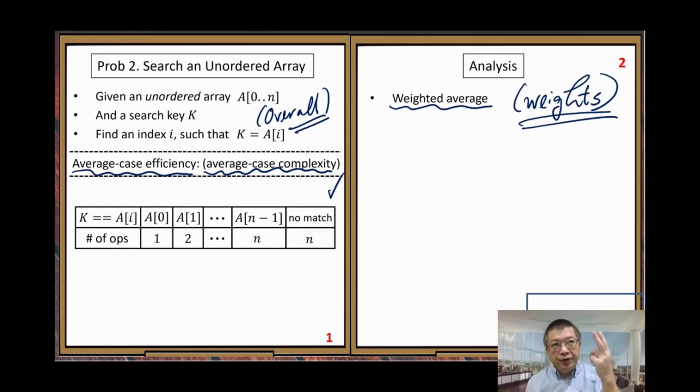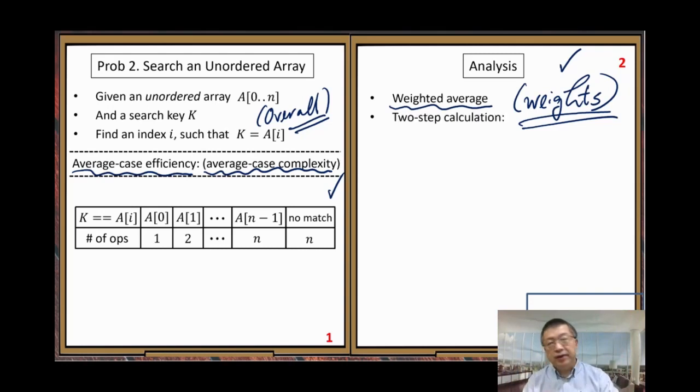Remember, we have two assumptions related to the probabilities. Those probabilities will be the weights. So we just figure out, for each individual case, what is the weight?